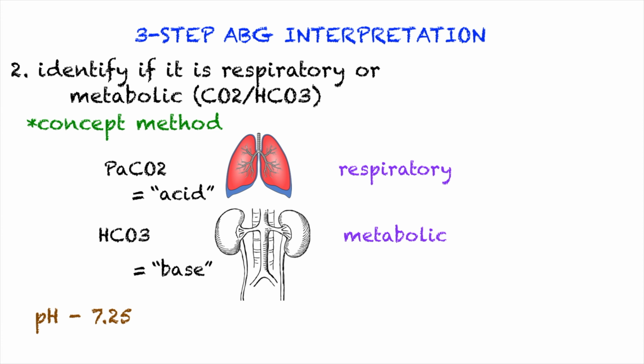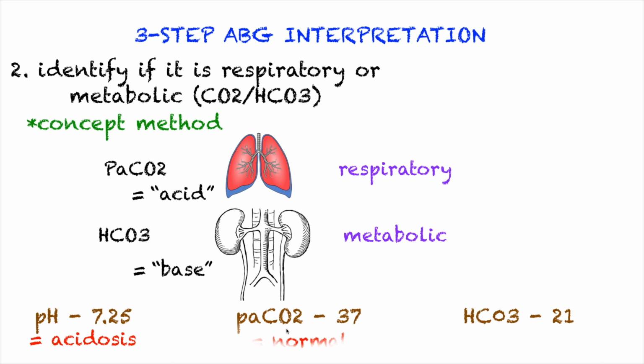What about this? 7.25, PaCO2 of 37, and bicarbonate of 21. Looking at our pH, is this acidosis or alkalosis? It is acidosis. Looking at our PaCO2, our normal is 35 to 45. So this is normal. Looking at our bicarbonate, our normal is 22 to 26.